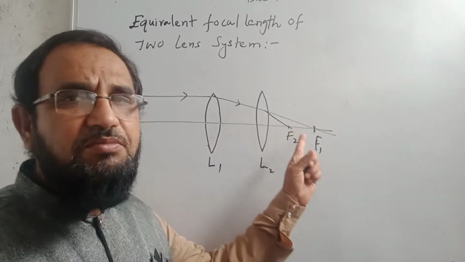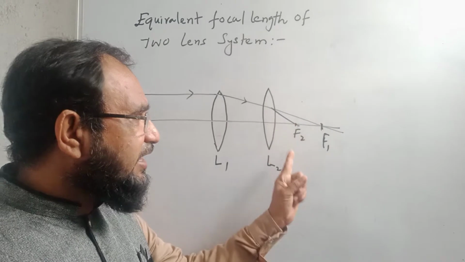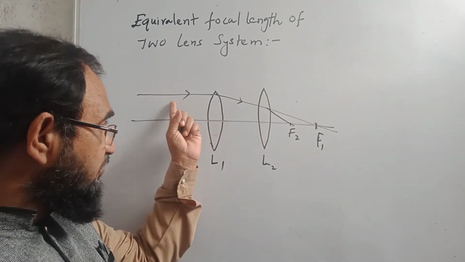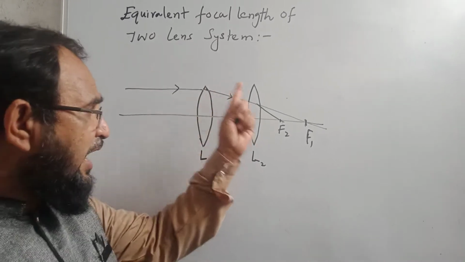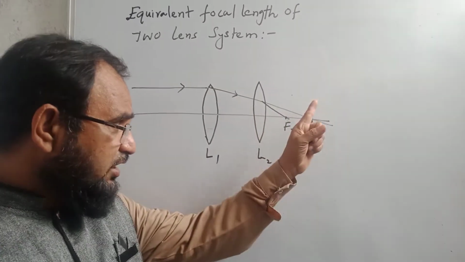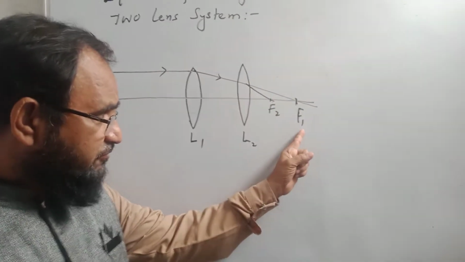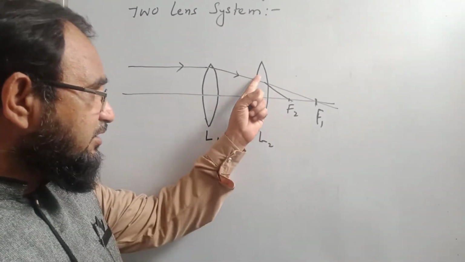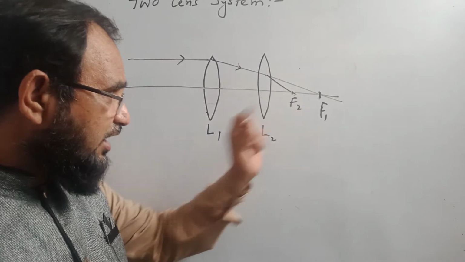The final image forms at f2, because in the absence of L2 the parallel ray would pass through f1.